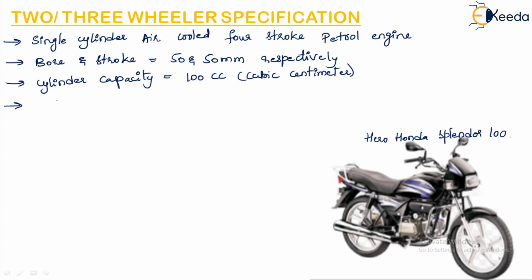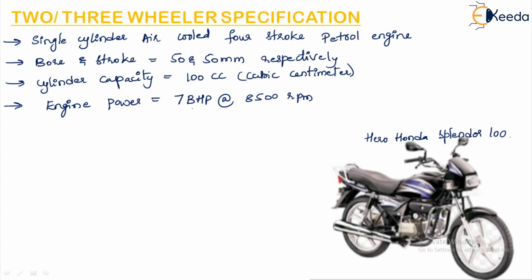Then we have the engine power. So in motorbikes, we will check for the engine power, that is 7 bhp at 8500 rpm.